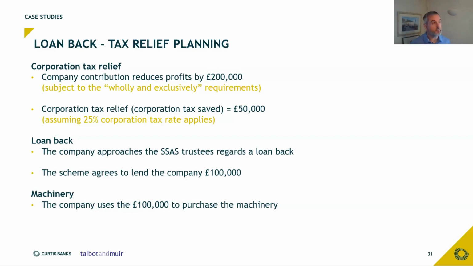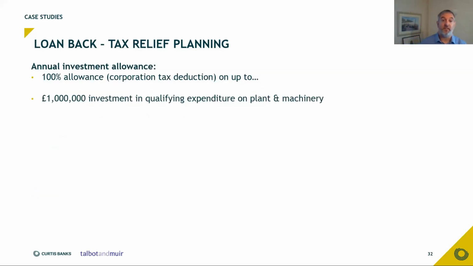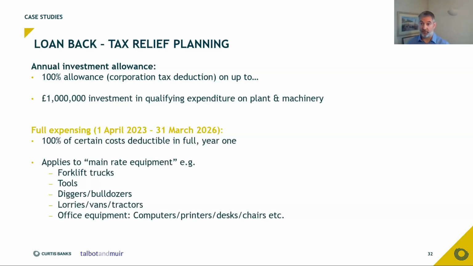So option one, they've got £200,000 available to spend, £100,000 on the plant and machinery, hopefully some corporation tax relief on that. £100,000 could have gone into a pension, corporation tax relief on that. The plant and machinery will hopefully qualify for corporation tax relief if it falls under either the annual investment allowance or, as was introduced in the budget, the full expensing allowance, 100% upfront tax relief.